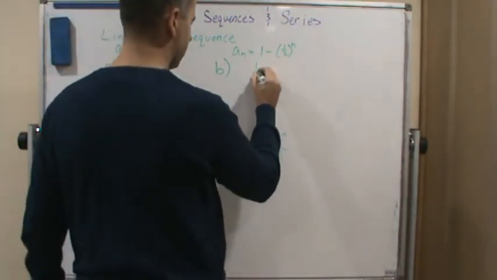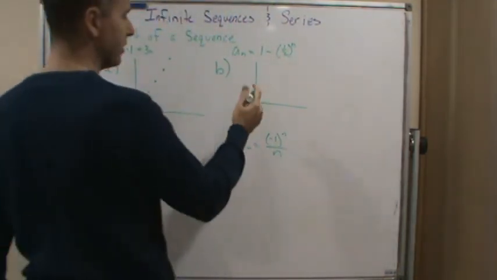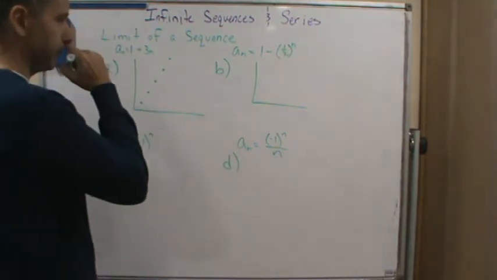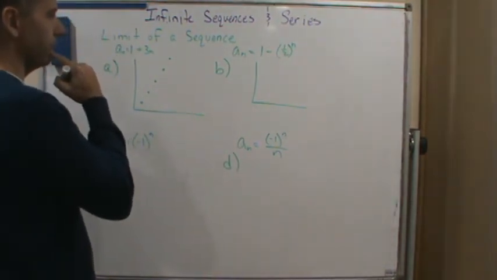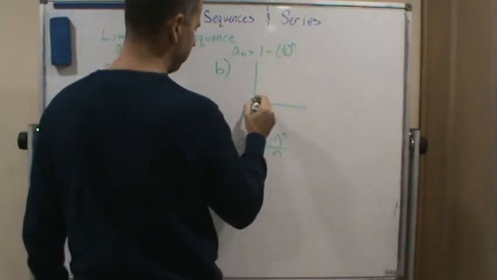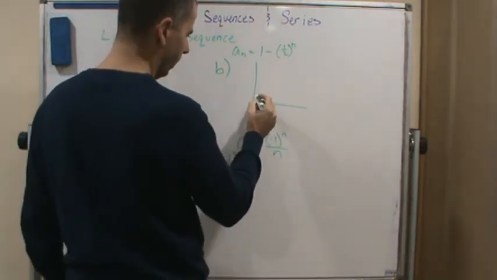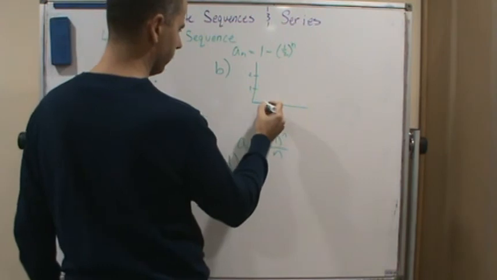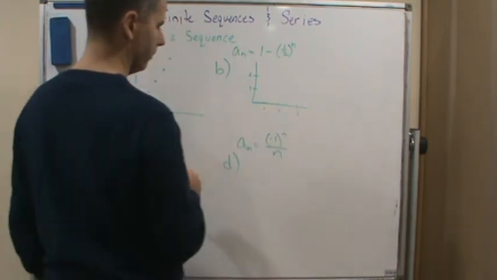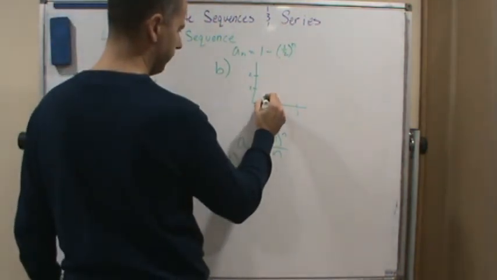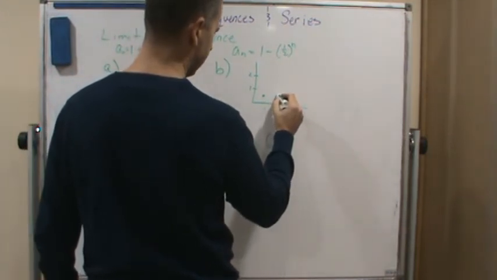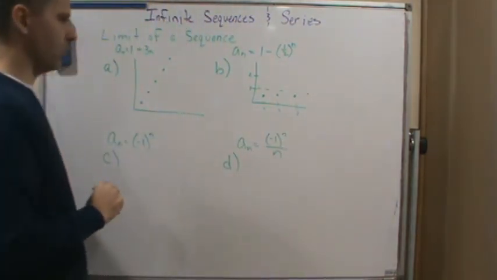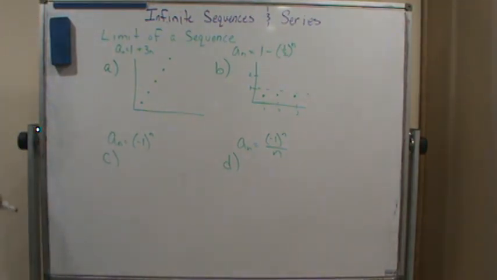If we sketch B, it approaches 1. It starts at a half, and it's getting closer and closer and closer to 1, but it's never going to reach 1.